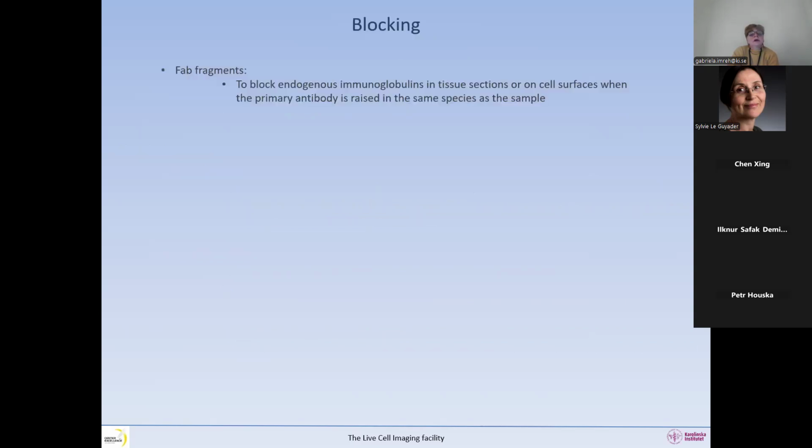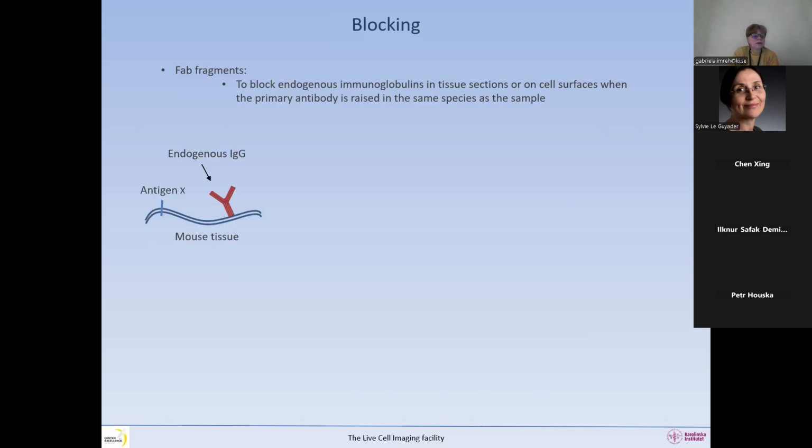You can also use Fab fragments, which are used to block endogenous immunoglobulins in tissue sections or on the cell surface, for example when your antibody is raised in the same species as the sample.